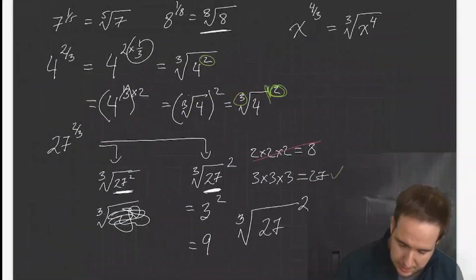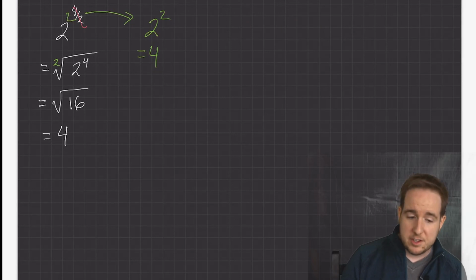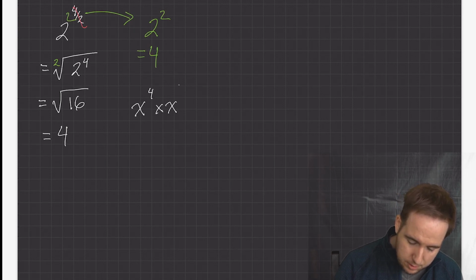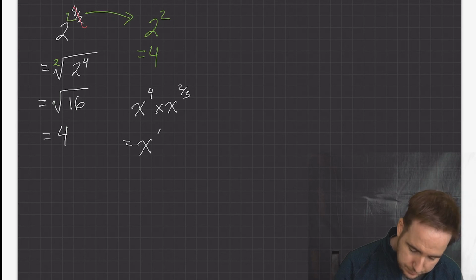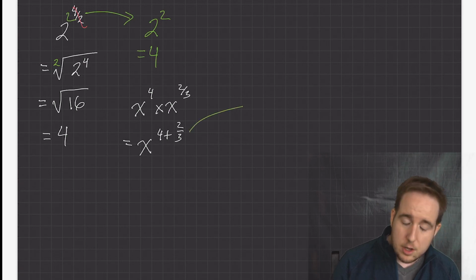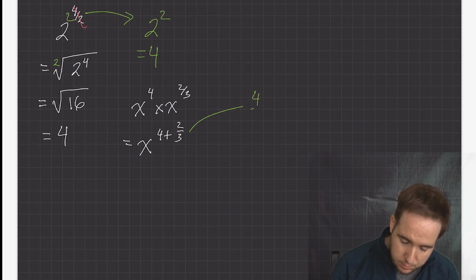So if I take, and I'm going to switch to using letters, just because it doesn't matter if I use letters or numbers, x to the power of 4 times x to the power of 2/3. That has to be equal to x to the 4 plus 2/3. And this works the same way. Okay, this is 4 over 1 plus 2 over 3.